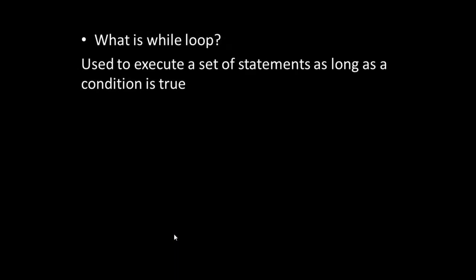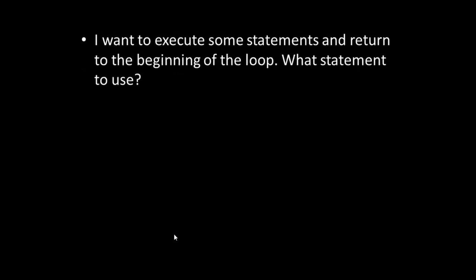What is while loop? So, while loop is used to execute a set of statements as long as a condition is true. Now, how to break a loop? You have to use break statement. Now, I want to execute some statements and return to the beginning of the loop. So, what statement to use? Now, basically, what this question is, so you have to check a condition.